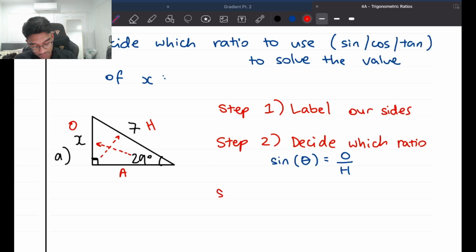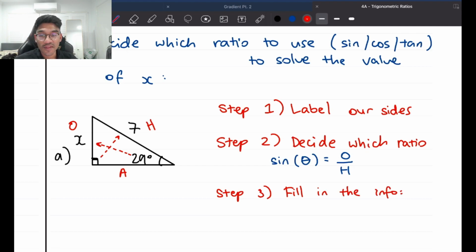Step 3, fill in the info. So what I mean by that is now instead of theta, we're going to put our angle in. Instead of O, we're going to put whatever it is in. And instead of H, we're going to put whatever it is in. So we're going to do sine of the angle. We look at our triangle.